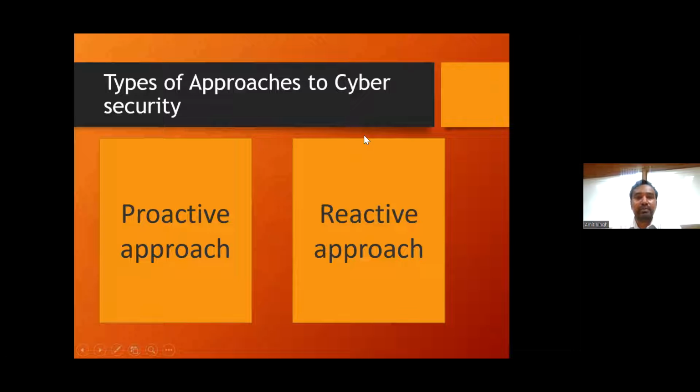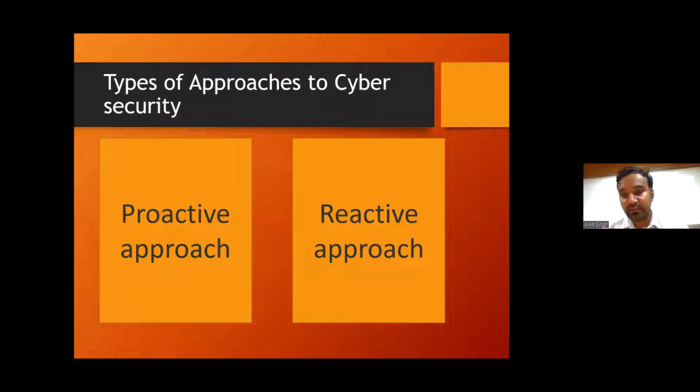First, the types of approaches to cybersecurity. There are two types of approaches: one is the proactive approach and the other is the reactive approach. As the terms themselves suggest, proactive means that before the attack happens, you take certain measures, like firewalls and everything, whichever steps you take so that the attack doesn't happen.